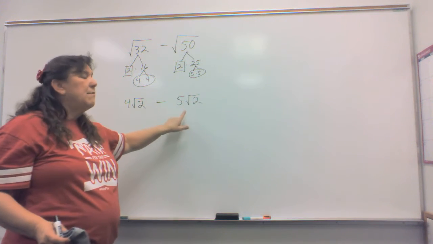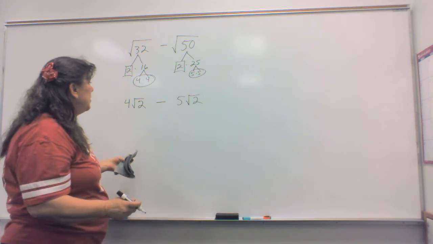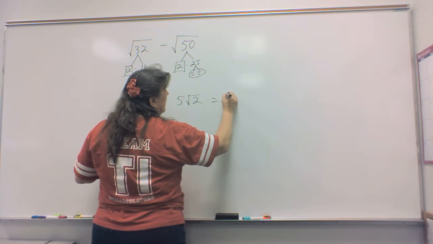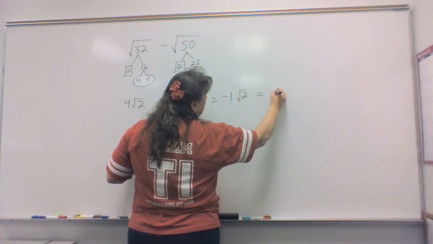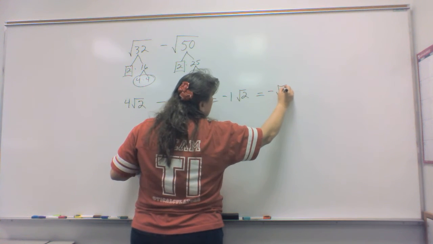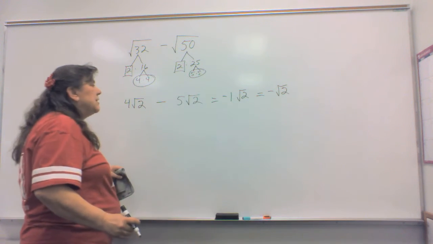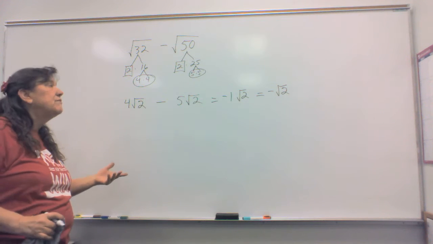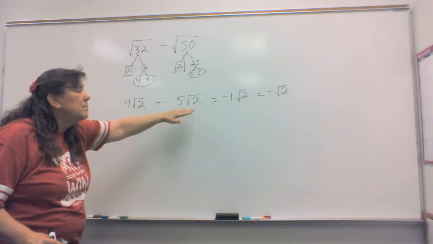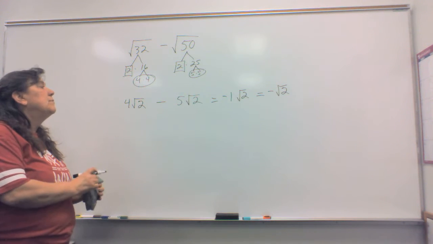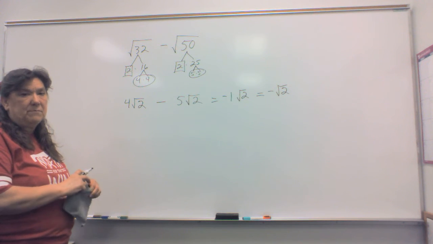So 4 minus 5 is going to give you a negative 1 square root of 2, which could also be written as negative square root of 2. So as you can see, we can simplify these by simplifying the original ones, and if they come out to be like terms, then we can add or subtract them, okay?